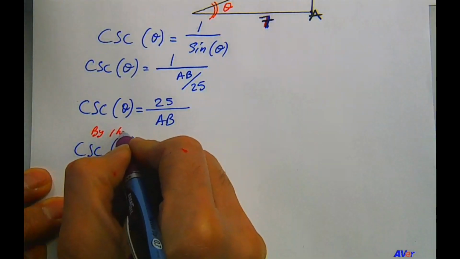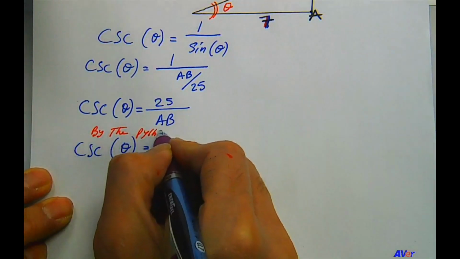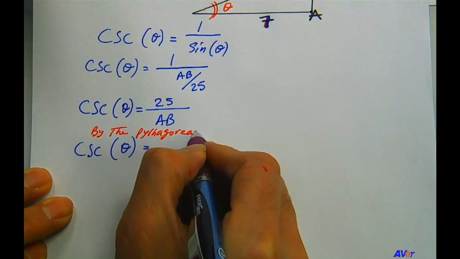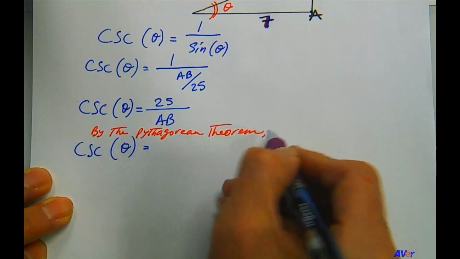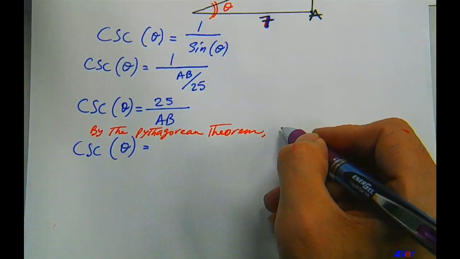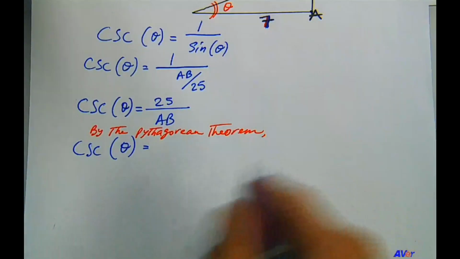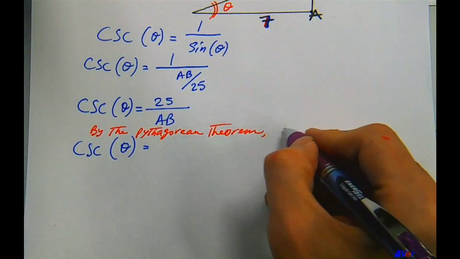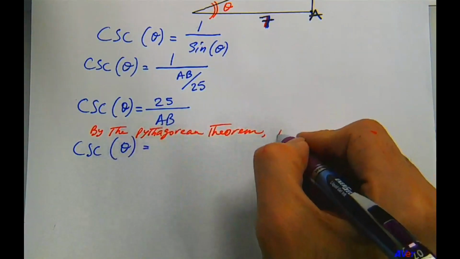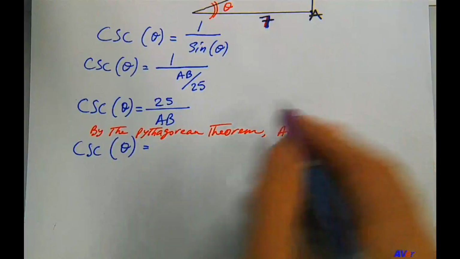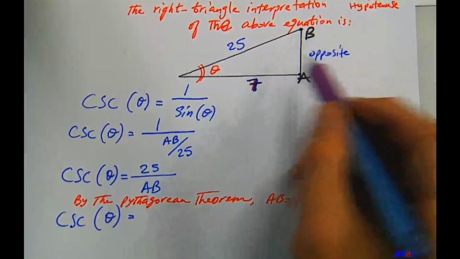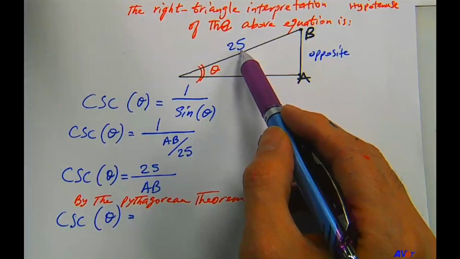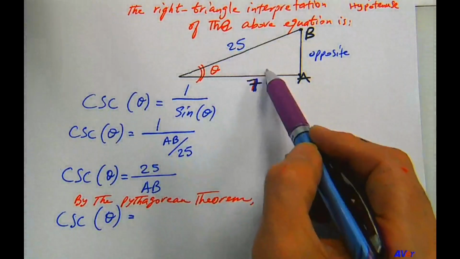by the Pythagorean theorem, we know that AB is equal to, let me bring this down a little bit, AB would be equal to the square root of 25 squared minus 7 squared.